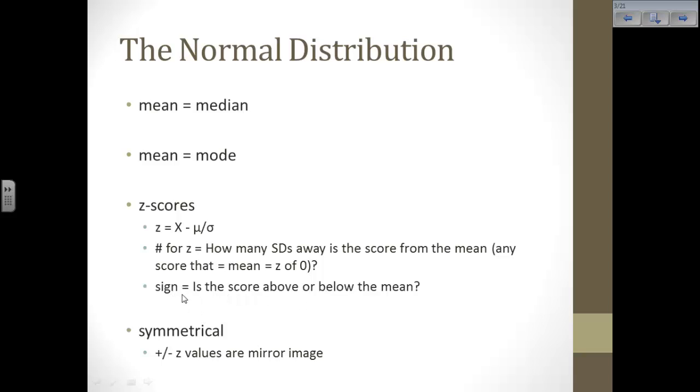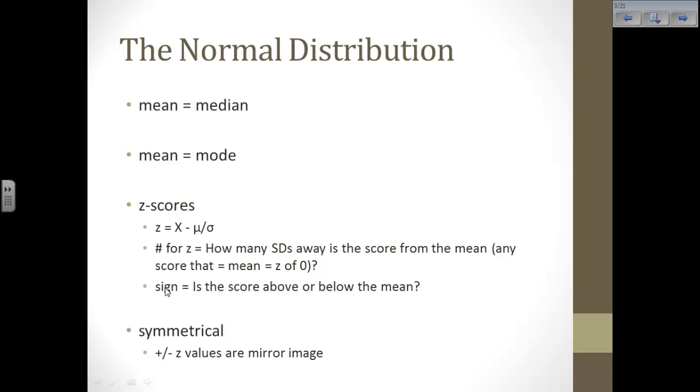If you have a positive value for z, that tells you that the score is above the mean, or in other words, it's to the right of the mean in the distribution. Because remember, scores are plotted along the x-axis from lowest to highest, left to right. Well, if you have a z-score that's negative, then that means that the x value that z-score represents is below the mean, or to the left of the mean in the distribution.